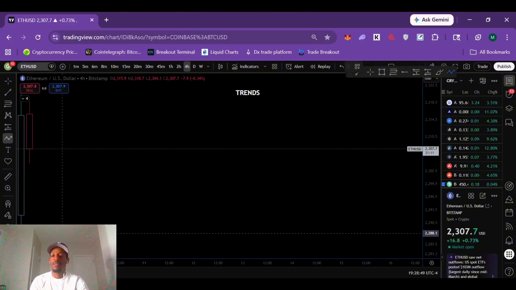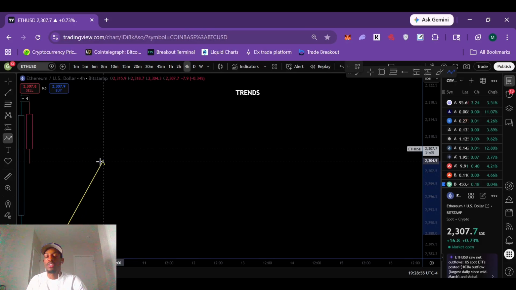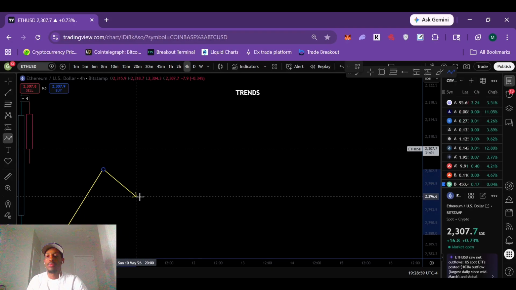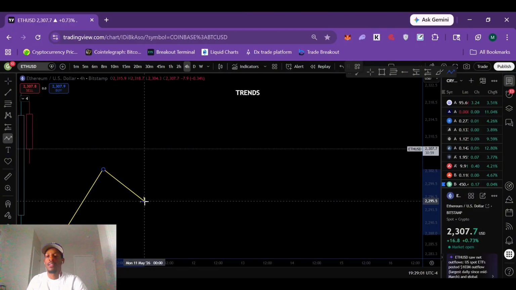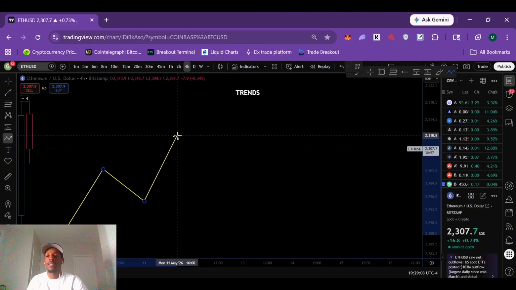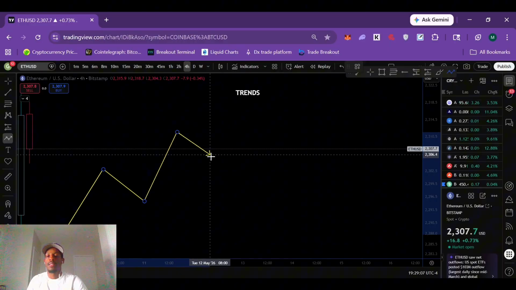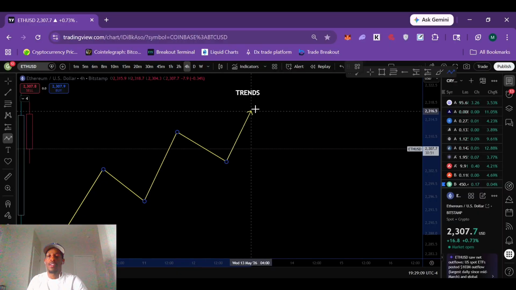All right, so an uptrend, you're going to start with a low. The market is going to push in an upward direction, and then it's going to pull back. It is then going to push up farther and pull back, push up farther, right?